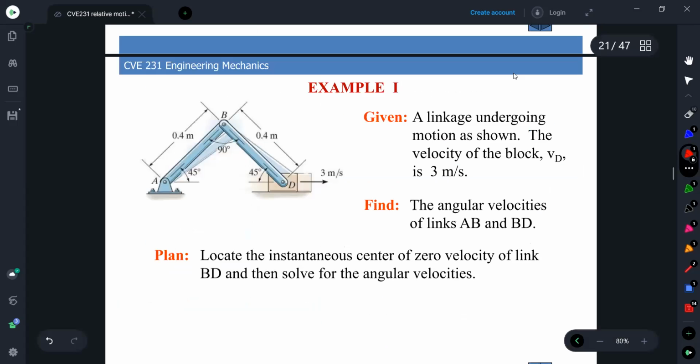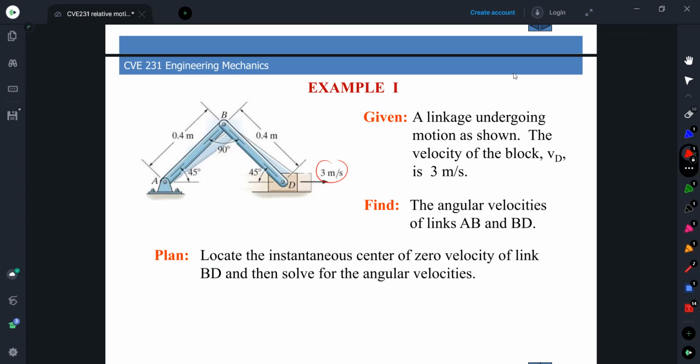Let's take a look at this example. A linkage undergoes motion as shown in the picture. The velocity of block D is known, equal to 3 meters per second, and we would like to find the angular velocity of link AB and link BD.